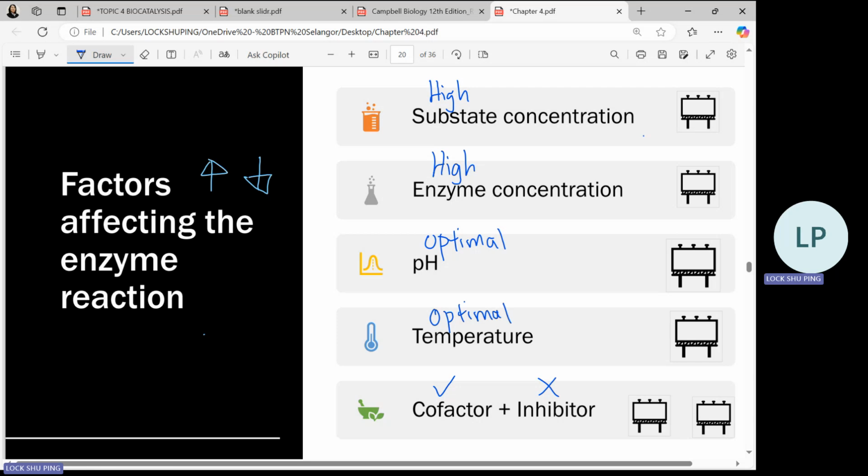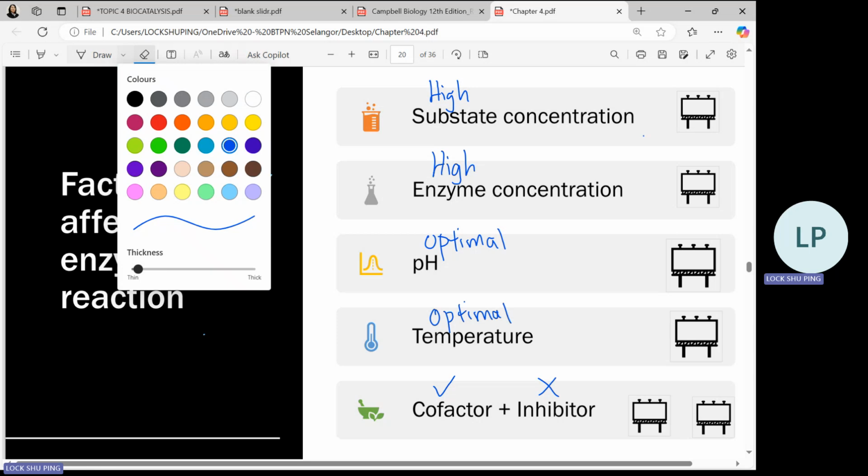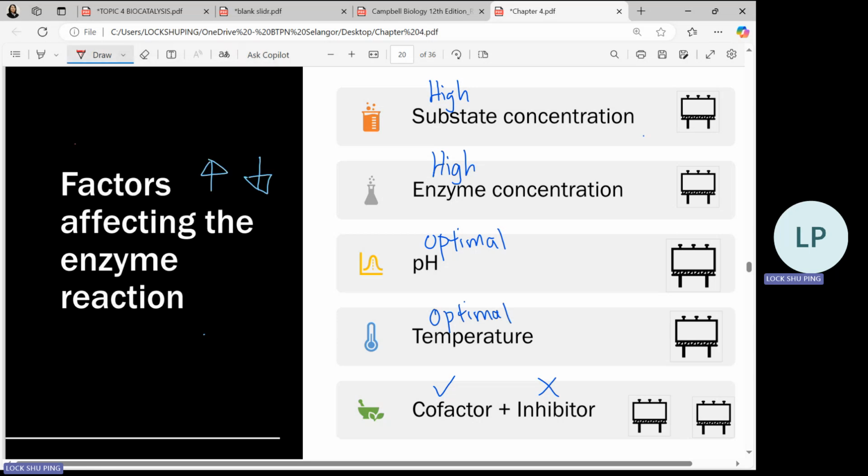So how can the enzyme reach high efficiency? They must have high substrate concentration, high enzyme concentration, optimal pH, optimal temperature, be present with cofactors, and absent of inhibitor. If everything is being run, then it will be exactly correct. You're going to get a very highly efficient enzymatic reaction.